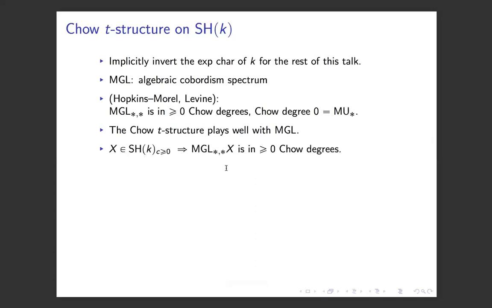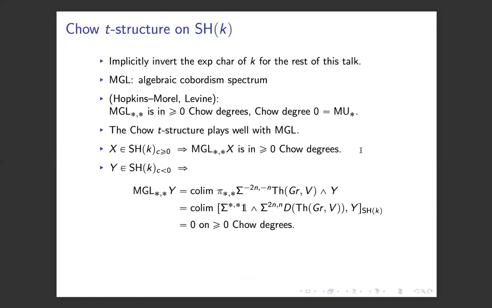First of all, if we have something in the positive part, which is generated by Thom spectra, then by the Thom isomorphism, essentially the MGL homology of it is again concentrated in non-negative Chow degrees. That's not a surprise, but a little bit more of a surprise is what happens if you take some object in the negative part and compute its MGL homology.